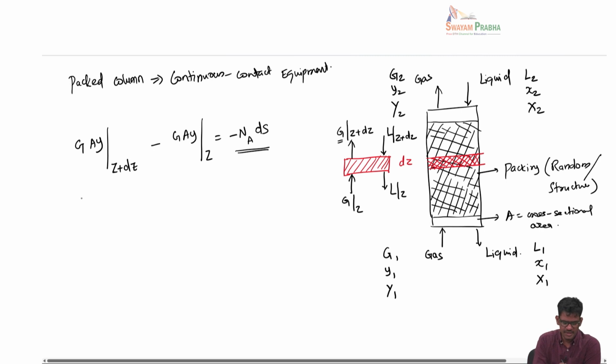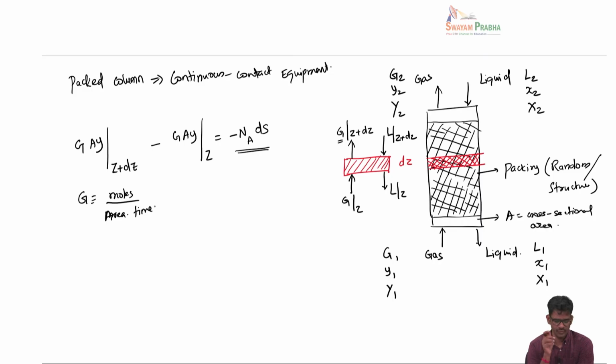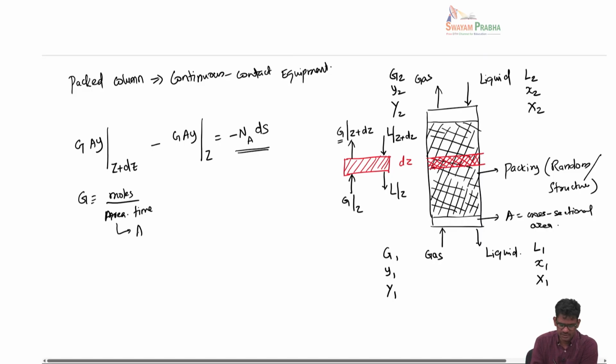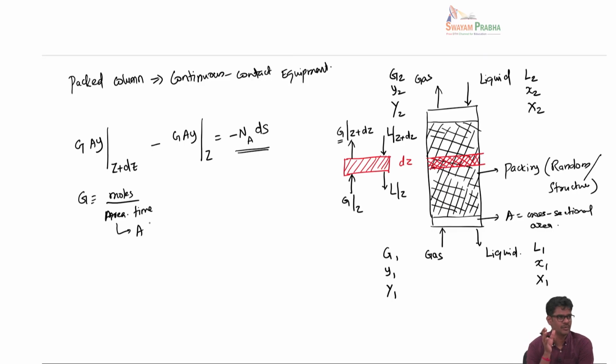Okay, you may recall G is in the units of moles per unit area per unit time. Okay, the units of G is so many moles per unit area per unit time. So here this area refers to the area of the cross section without the packing. So if you think about this column having a hollow structure, you calculate the area.